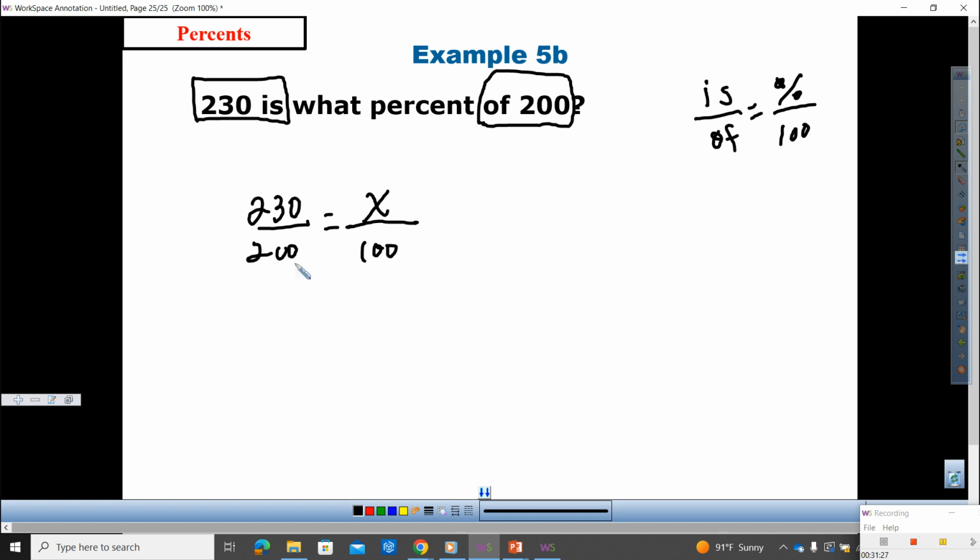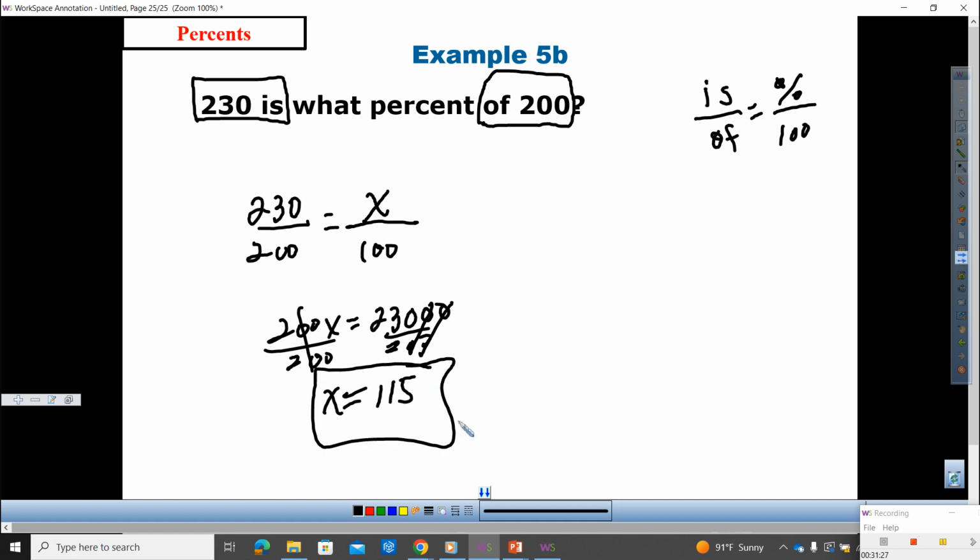X. Cross multiply, that's 200x equals 230 with two zeros. Divide by 200. X equals, so 230 divided by 2, that's 115. 115 what? Yeah, percent. Make sure you label that. There it is. Yes? See how it's working?